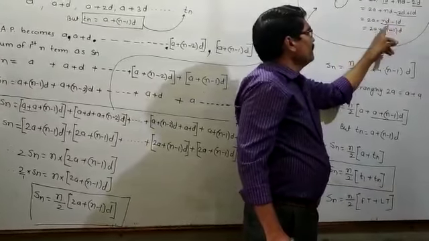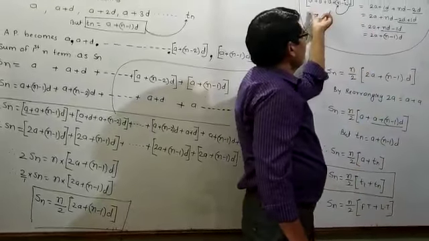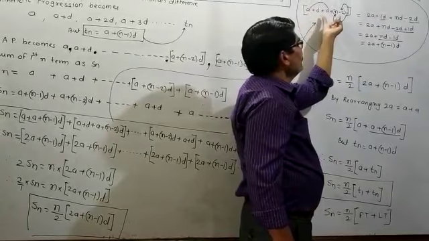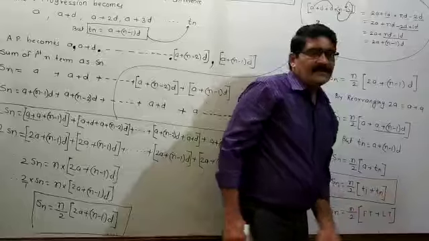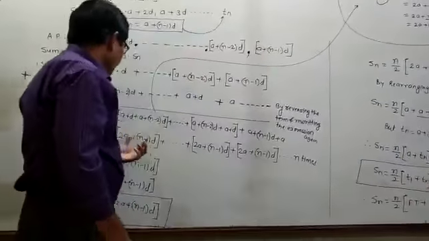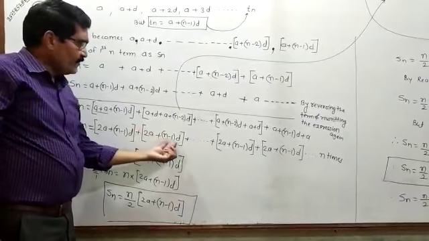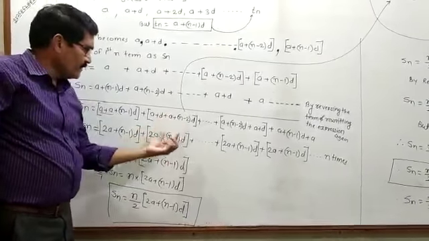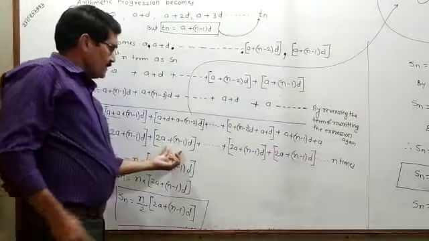At that time it becomes n minus 1 into d. Means this term a plus d plus a plus n minus 2 into d is equal to 2a plus n minus 1 into d. The same term I will write here, 2a plus n minus 1 into d. How you have to write this term? Like this, already I showed here. Everybody understand?